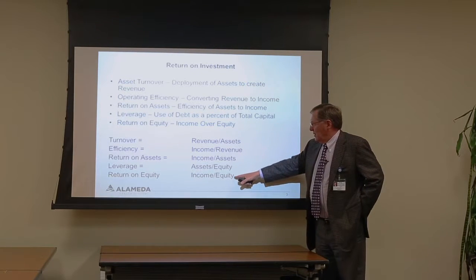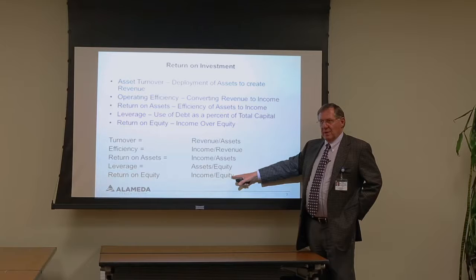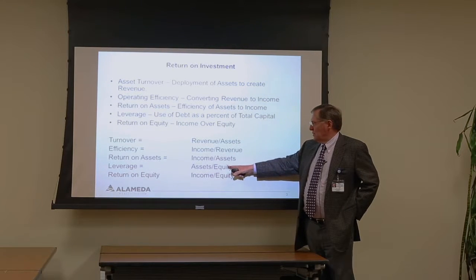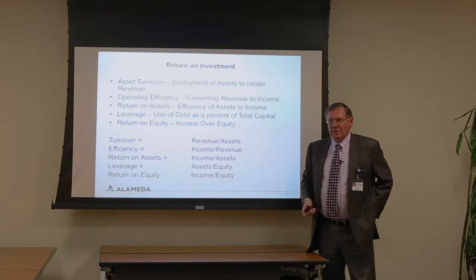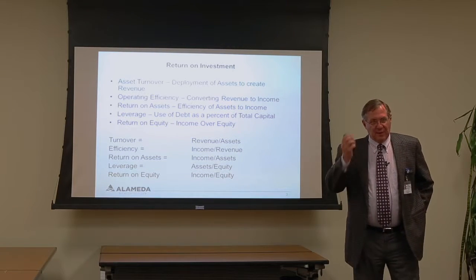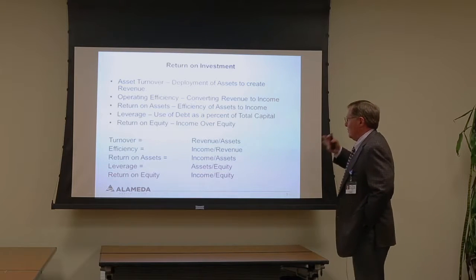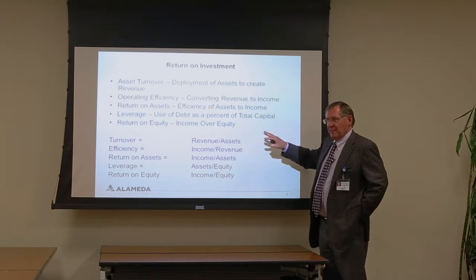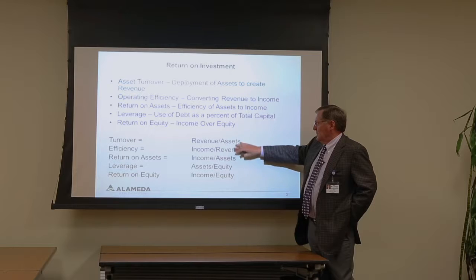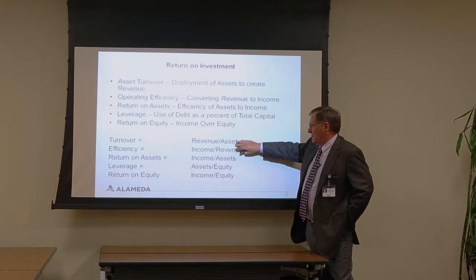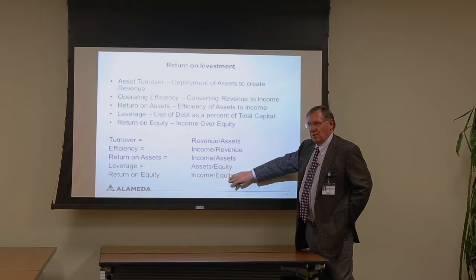But down here we have something called return on equity, which is a little different. And the difference is the use of what we call leverage or debt. Okay, and basically what I'm going to show you is that you can, from a financial engineering standpoint, look at all these things to manage how much you can invest in assets and what kind of return we get on the bottom line in terms of return on equity.